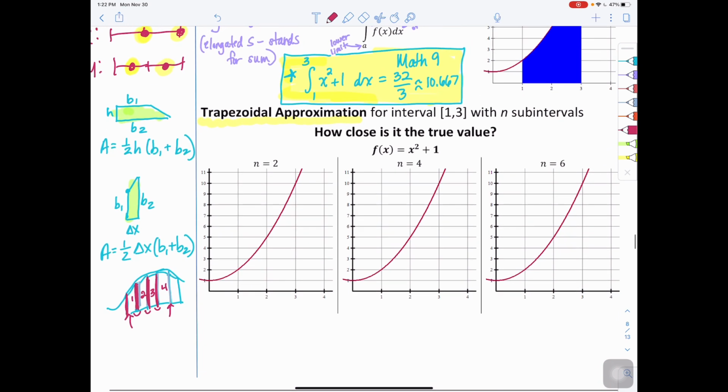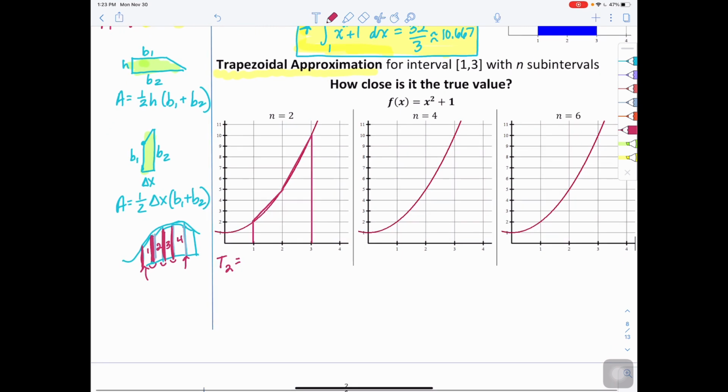So for the interval from 1 to 3, so again, we're back from 1 to 3, and we want to have a T2. That's trapezoidal approximation with 2 rectangles. Now, I'm going to do the best job I can here, but this is a straight line, and this is a straight line. So you can sort of see that those lines are above the curve.